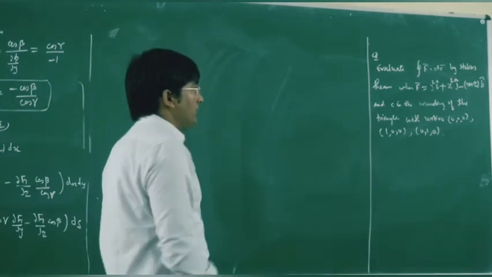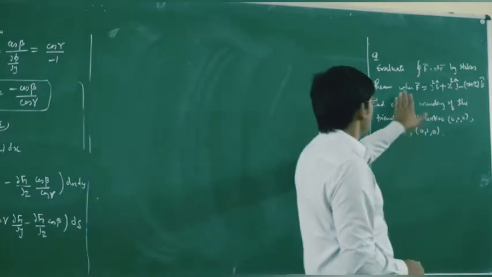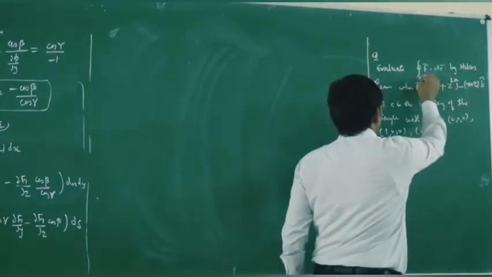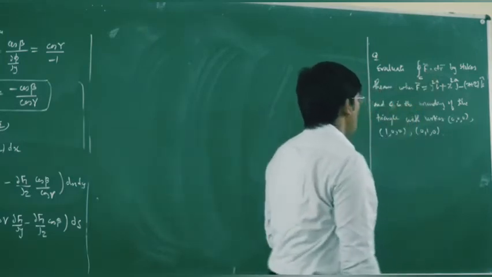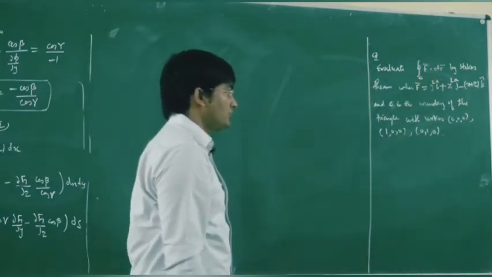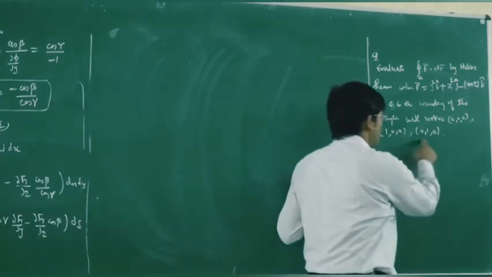So evaluate this line integral by Stokes theorem where your curve C is the boundary of the triangle with vertices (0,0,0), (1,0,0) and (0,1,0).